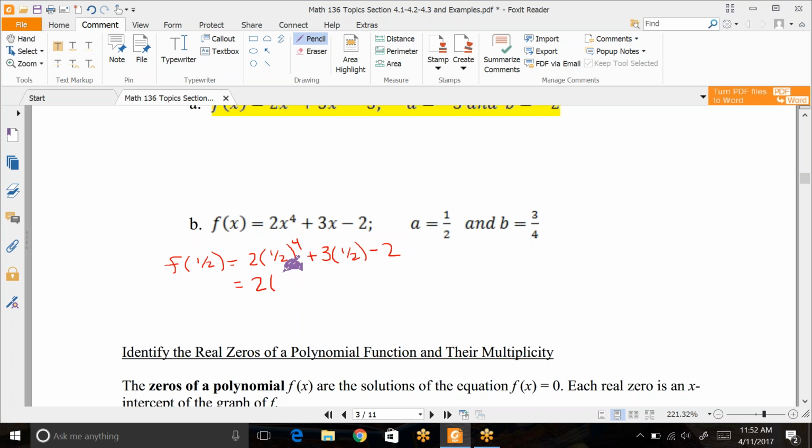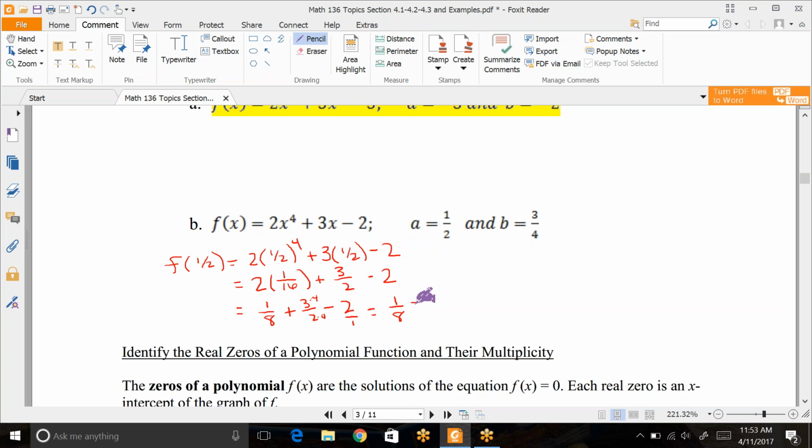So that's 2 times 1/16. That would be 3/2, just leave that as that. And then this would be 1/8. And then I'm going to get a common denominator of 8 for everything. So this would be 1/8. We would multiply this by 4/4.